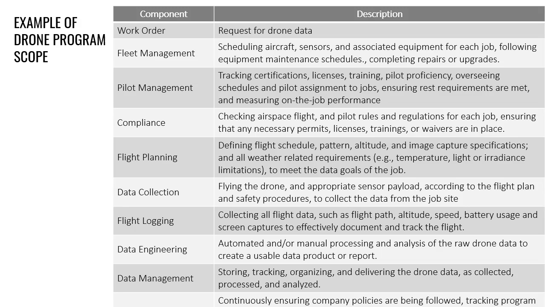Continued with that, the management is to ensure that you're following company policies. So the complexity of scope can be broken down by components, which I highly recommend, versus a scattered approach.